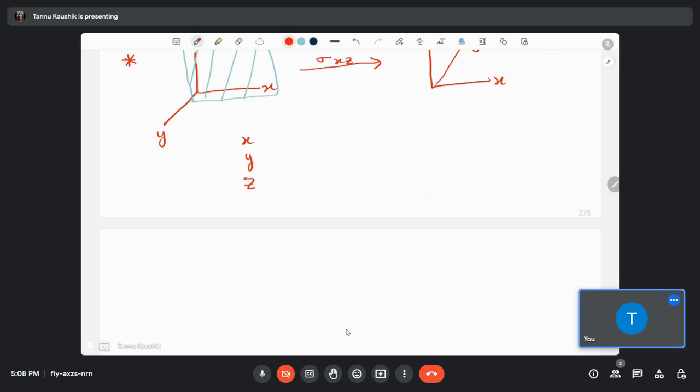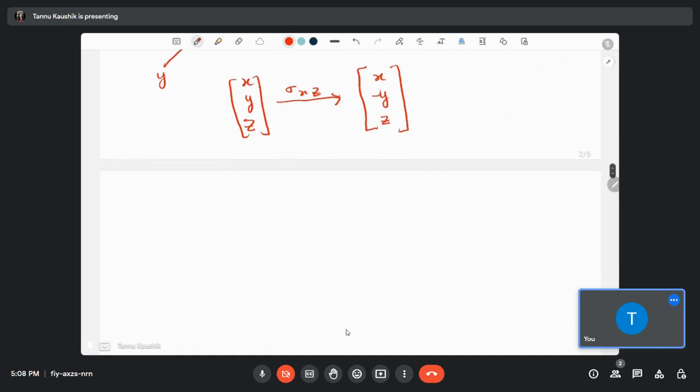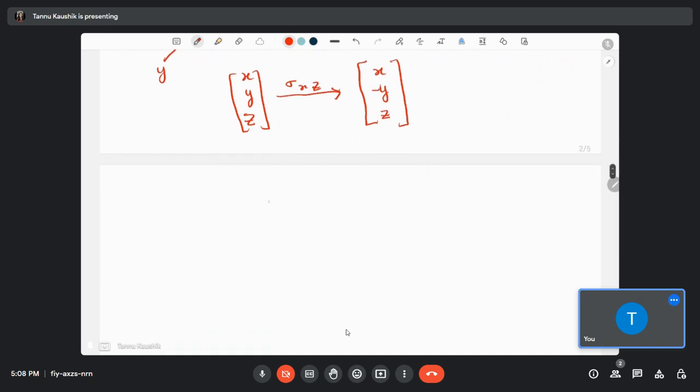And this will be represented as, so these xyz coordinates on undergoing this sigma xz operation will give these x, minus y, z coordinates.